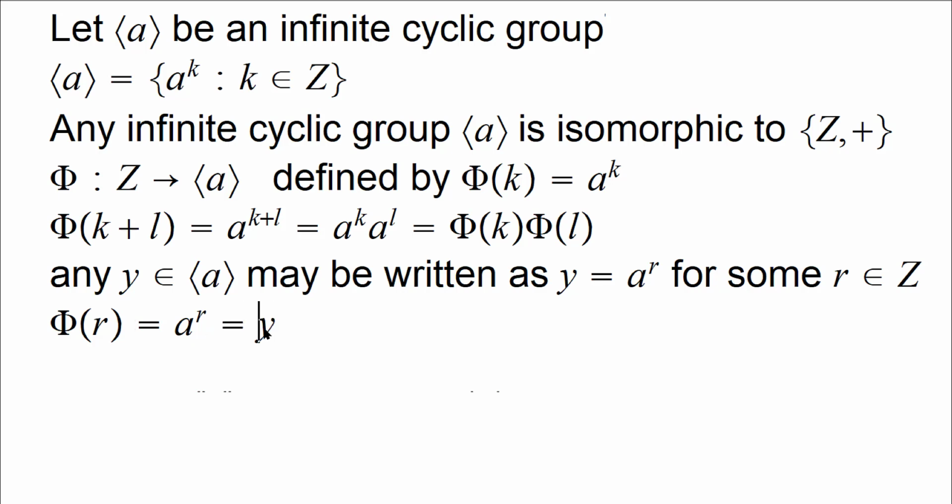So this shows that for any y in the cyclic group we have an r in Z such that phi r is y, and that shows it is onto, surjective.